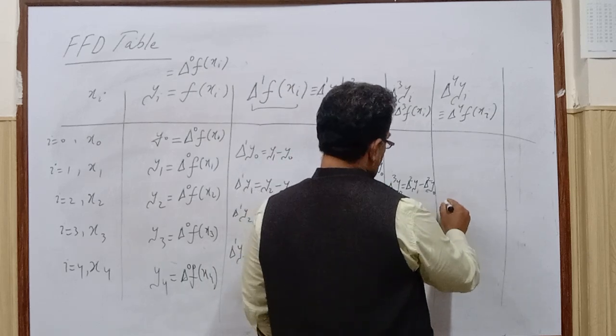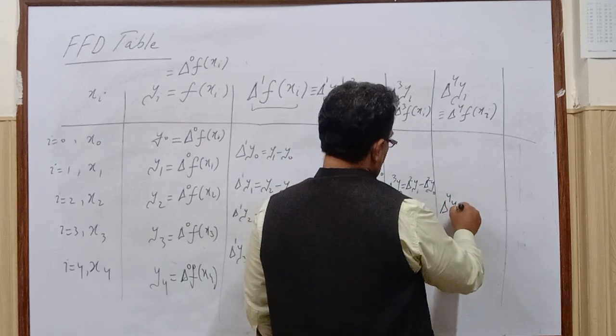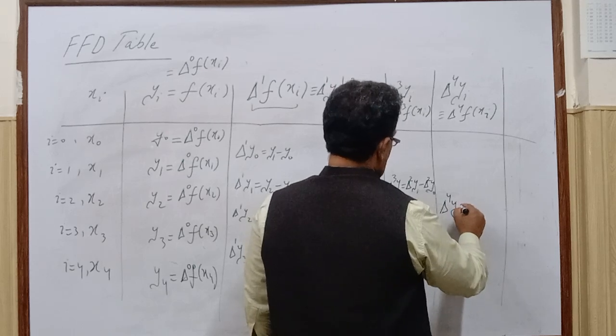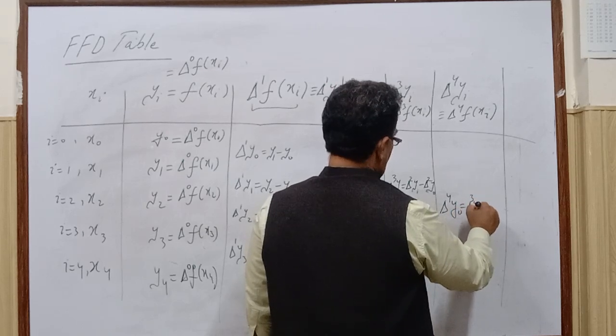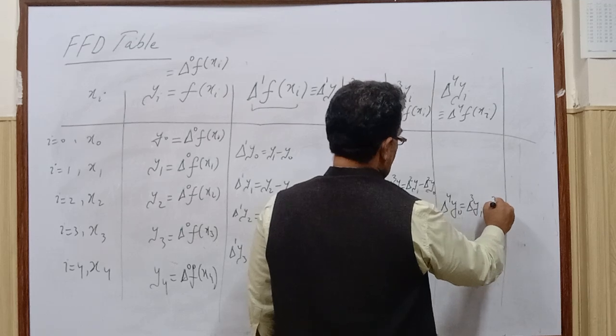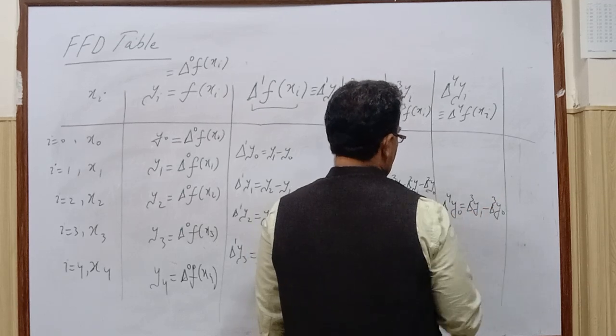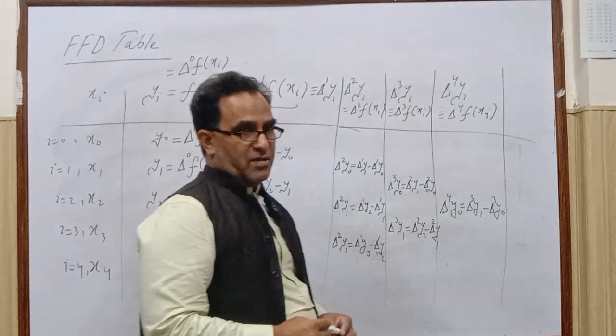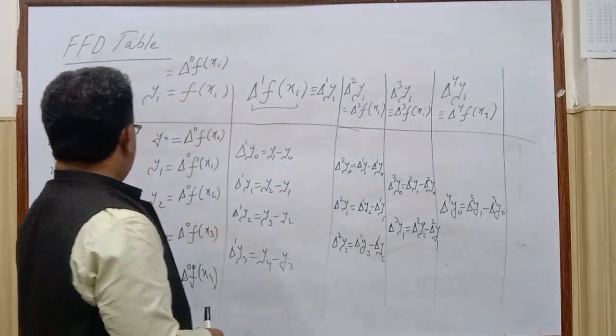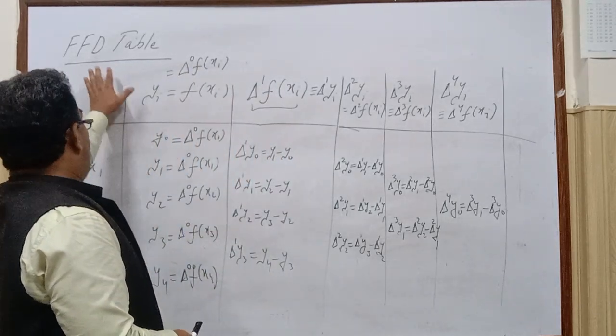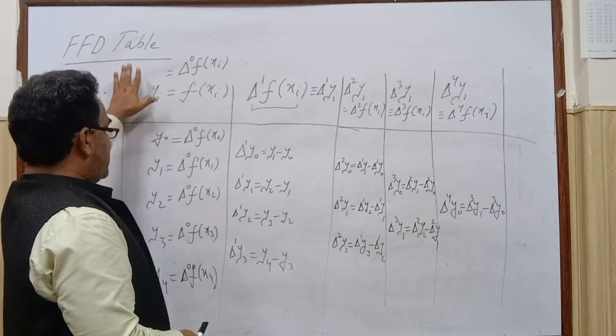So delta 4 y0 is equal to delta 3 y1 minus delta 3 y0, and this is the last FFD in this table, and this table is called the table of forward finite differences.